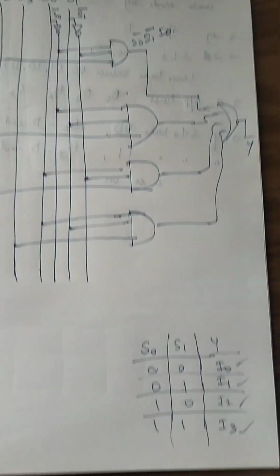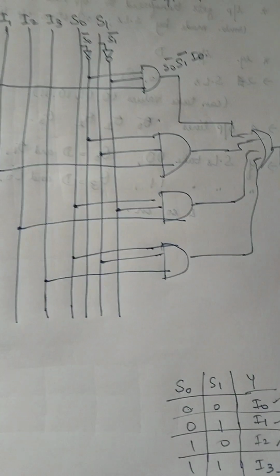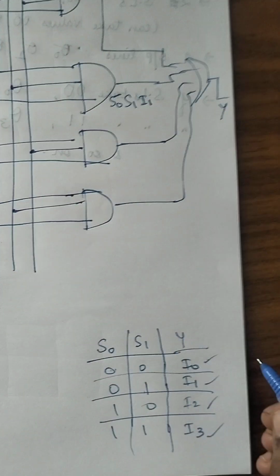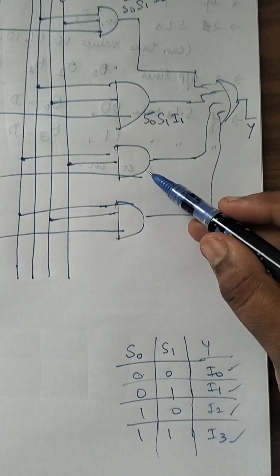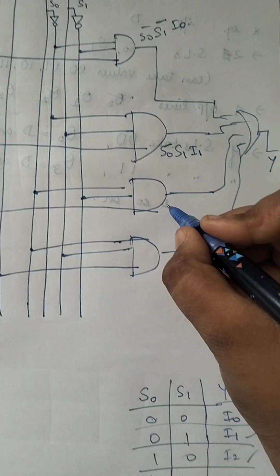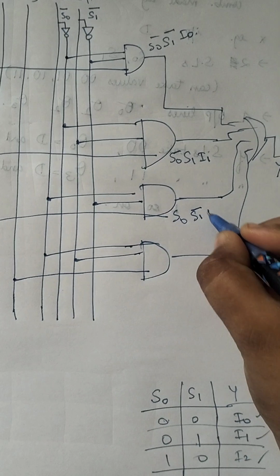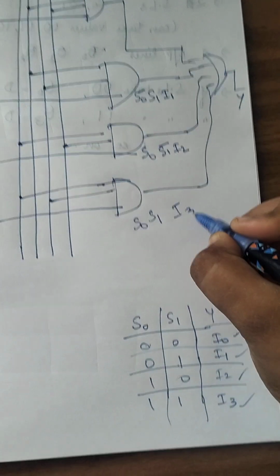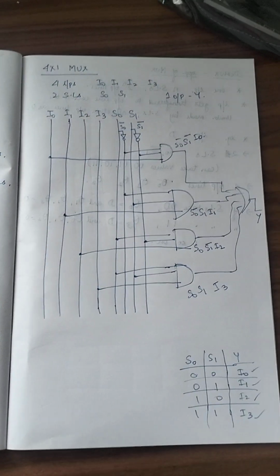This one will be S0 dash S1 I1. This one will be S0 S1 dash I2. This will simply be S0 S1 I3. So this is how a multiplexer works.